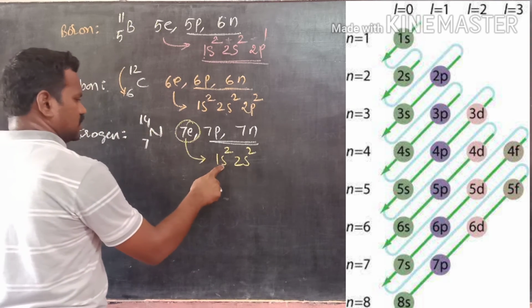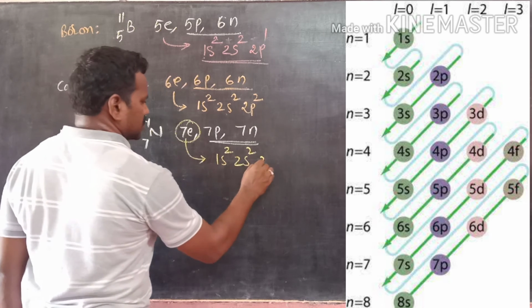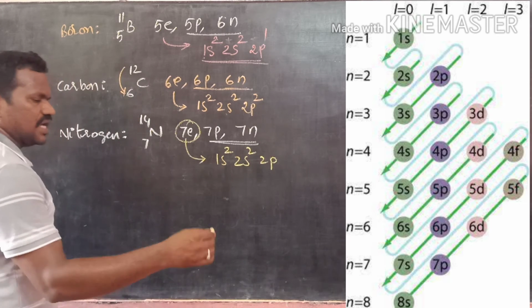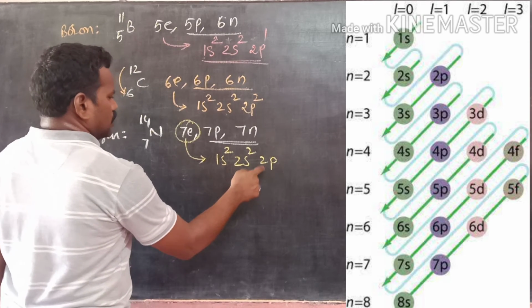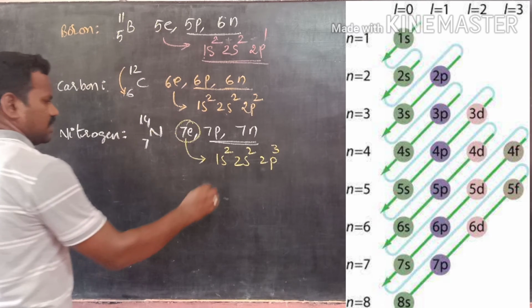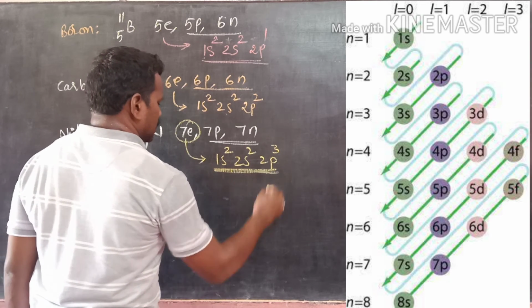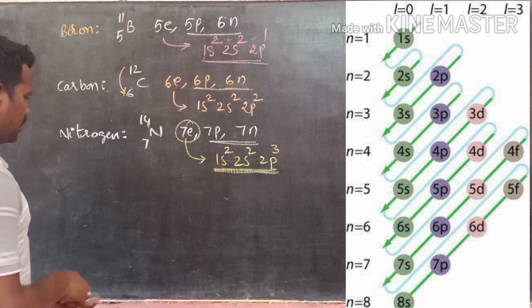Why? Because the energy of 1s is lowest, next energy level is 2s, next energy level is 2p as per the Aufbau principle. Now in 2p only 3 electrons are left with us. So the electronic configuration becomes 1s2, 2s2, 2p3.